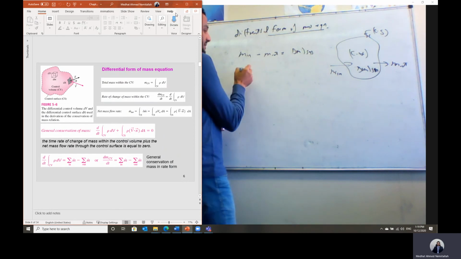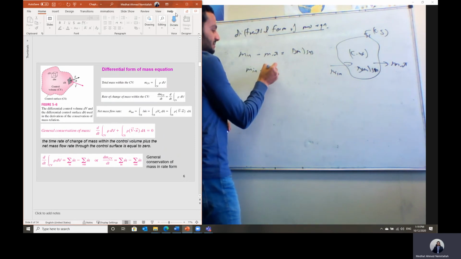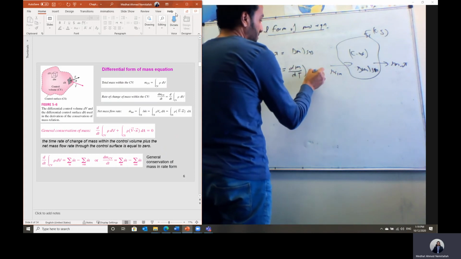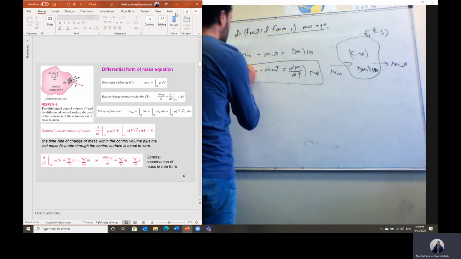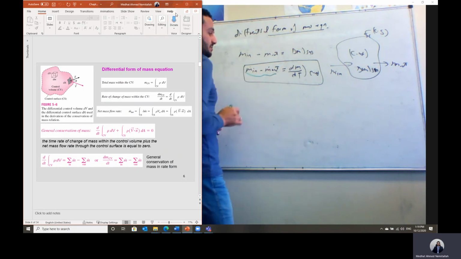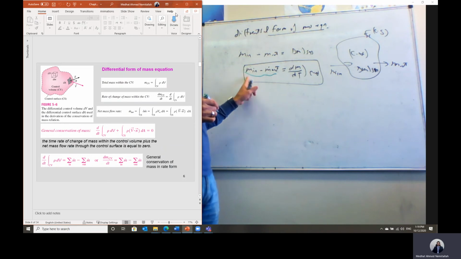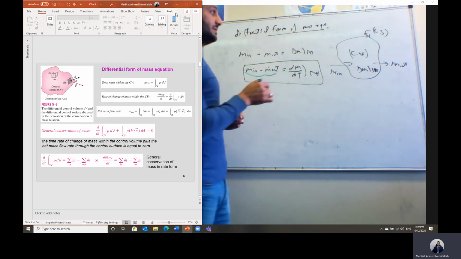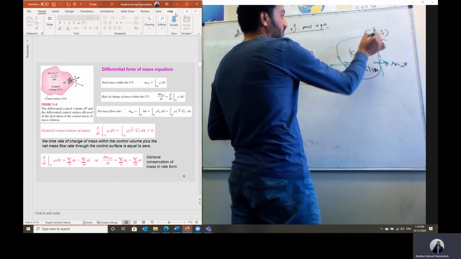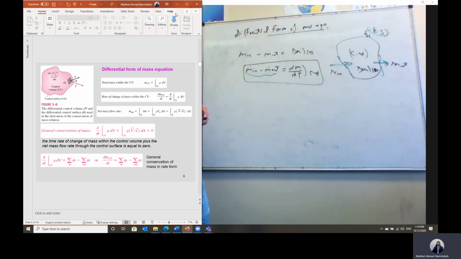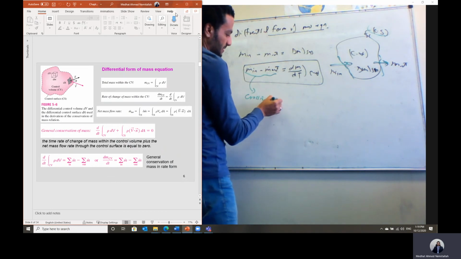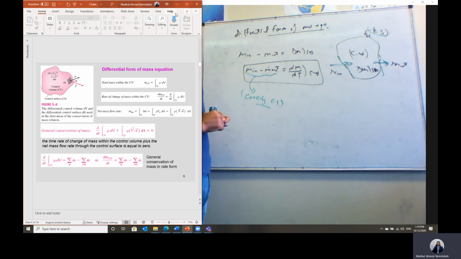Or we can write it in the rate form: rate of mass in minus rate of mass out will equal dm/dt within the control volume or within this system. The term mass in minus mass out is the mass either into the system or leaving the system. This mass should cross the control surface of this system.